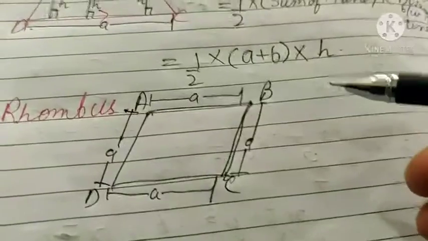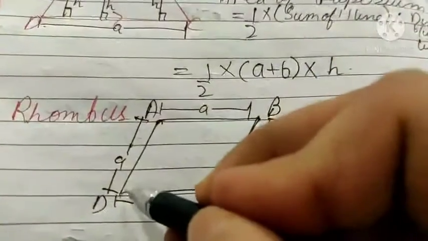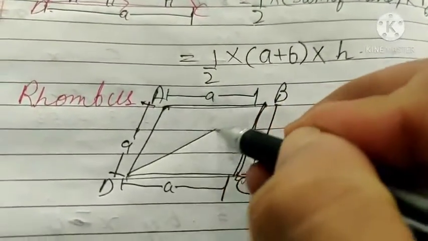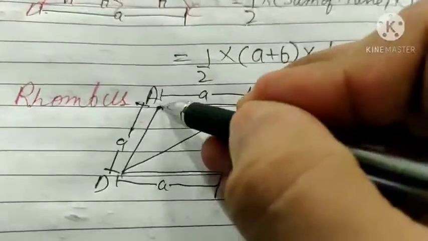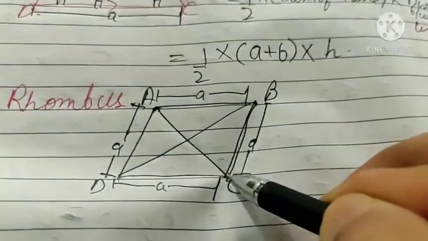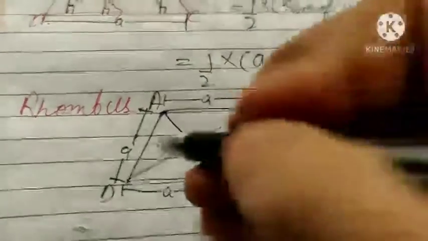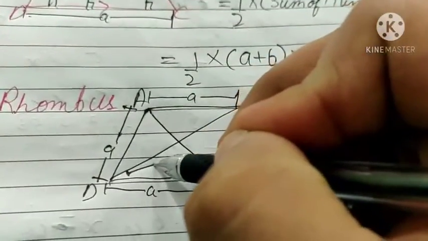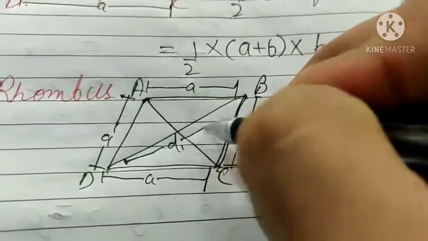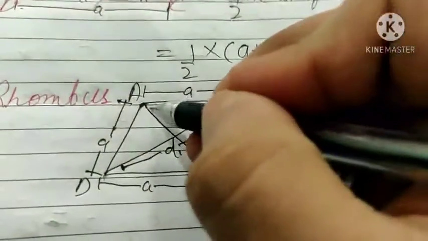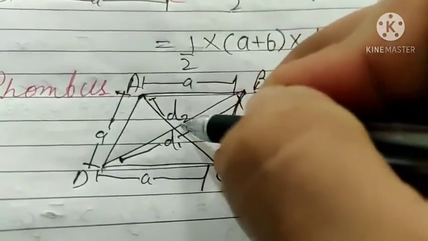Okay. So moving further, what is the area of a rhombus? Okay, these are the diagonals. Length of this diagonal is D1, length of this diagonal is D2.